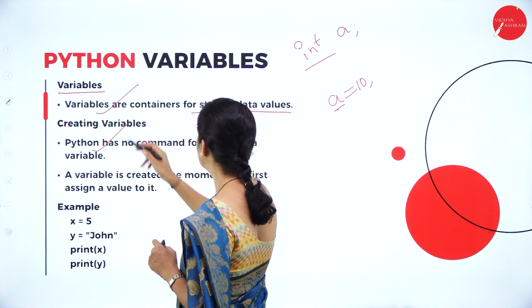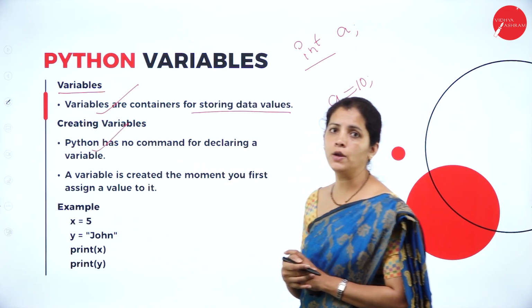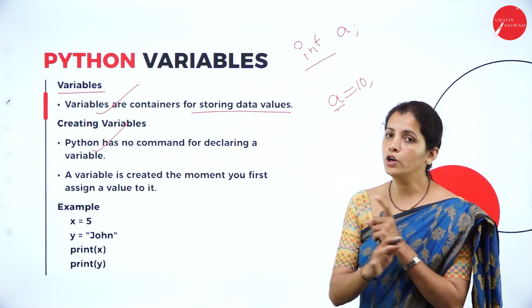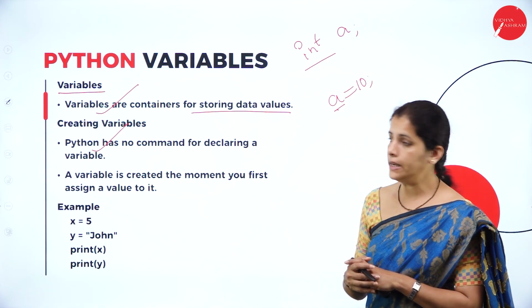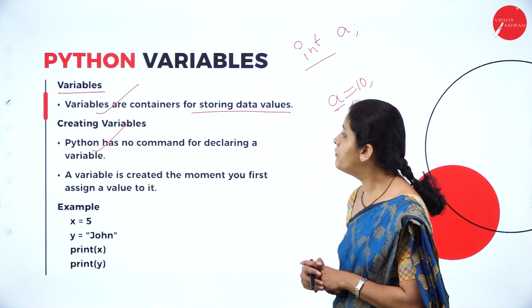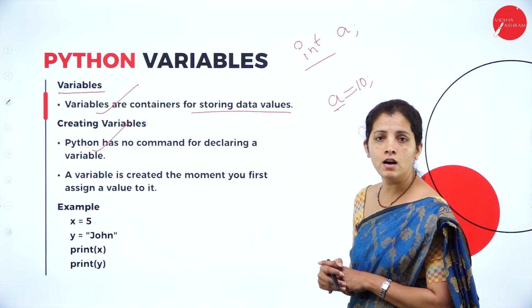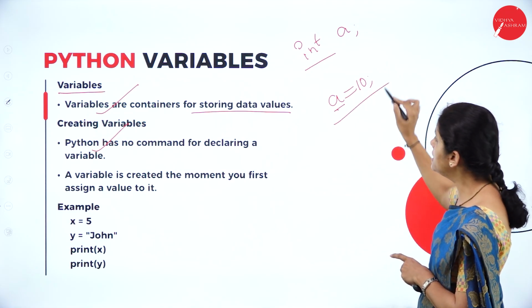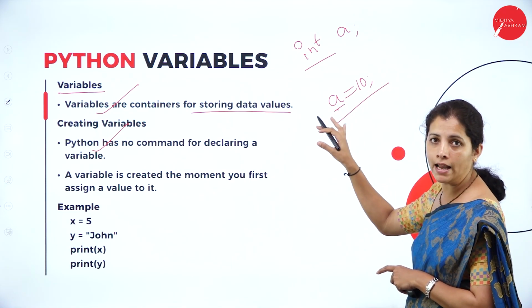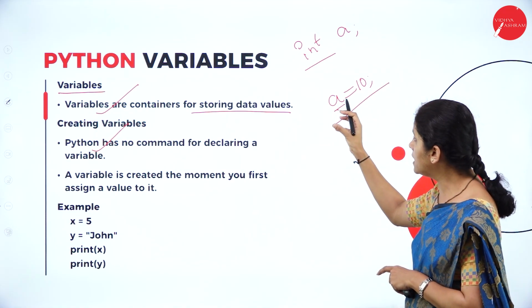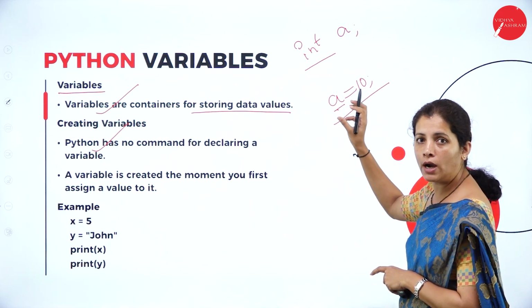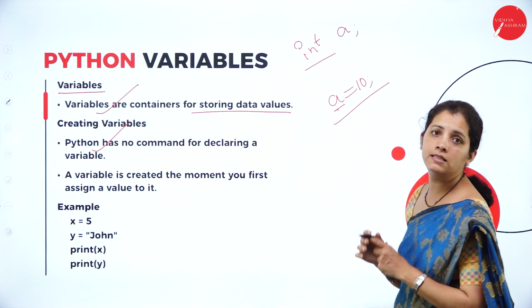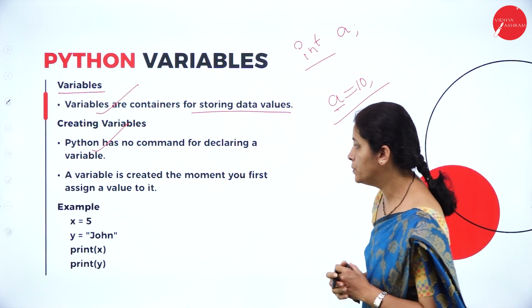Python has no command for declaring a variable, so I'm not using any command here. A variable is created the moment you first assign a value. Variable is created when I assign the value. During runtime, the interpreter is going to understand that A is an integer value.